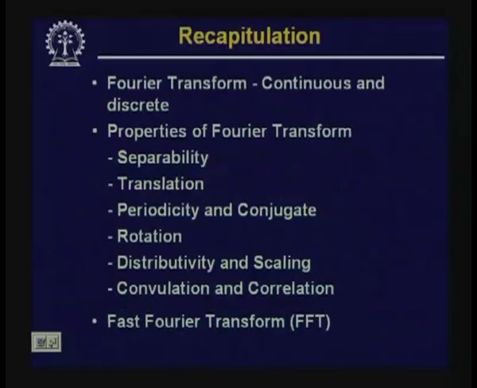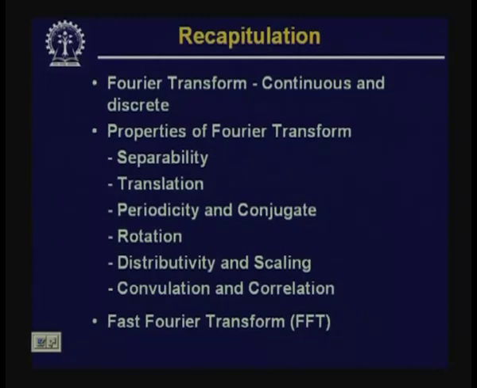On digital image processing. In our last class, we have discussed the discrete Fourier transform. We have seen both the continuous domain as well as the discrete domain of the Fourier transformation.